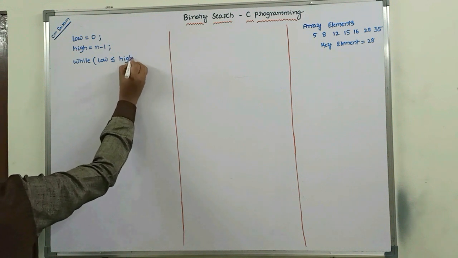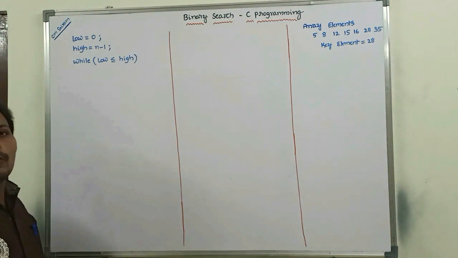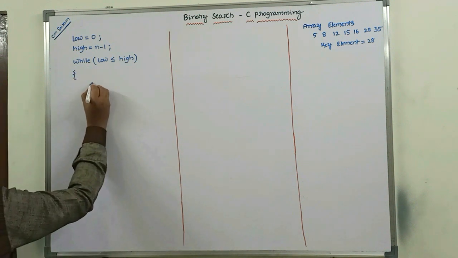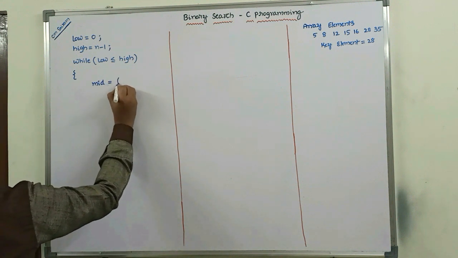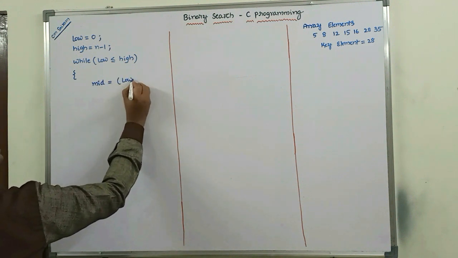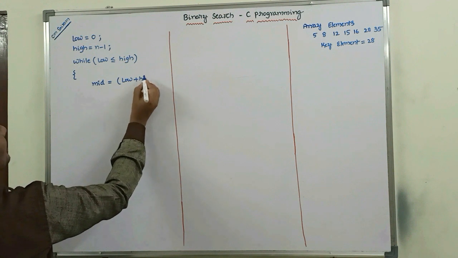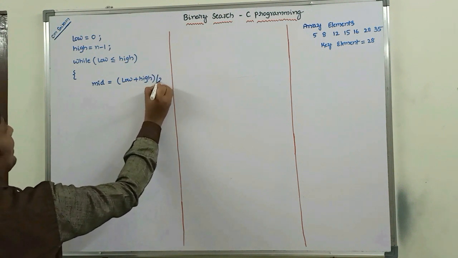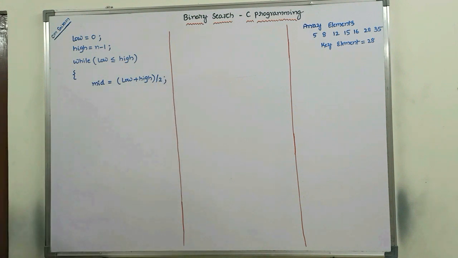Whenever low is less than or equal to high, then we have to calculate the mid value. So mid is equal to (low plus high) by 2. I am explaining everything. (low plus high) by 2, semicolon.